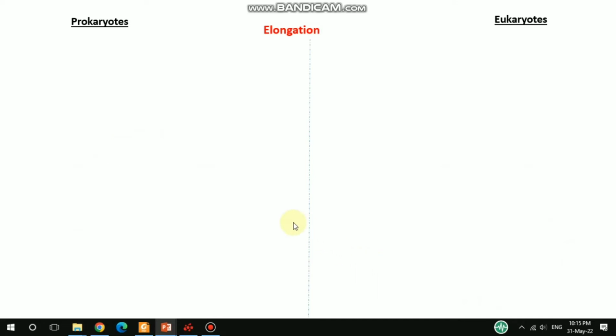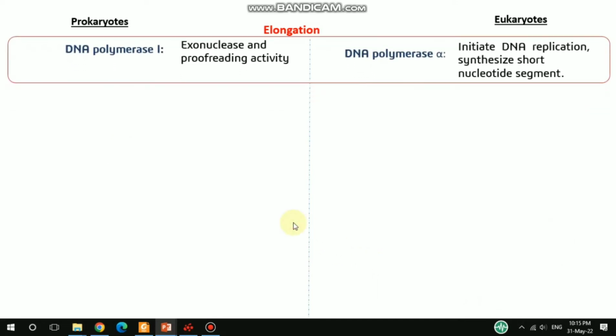Next is the elongation process. As we know, the elongation steps are carried out by different DNA polymerases. In the prokaryotic system, DNA polymerase 1 has exonuclease and proofreading activity. As we know, the exonuclease can remove the RNA primers, and proofreading can recognize the mispairing of the DNA.